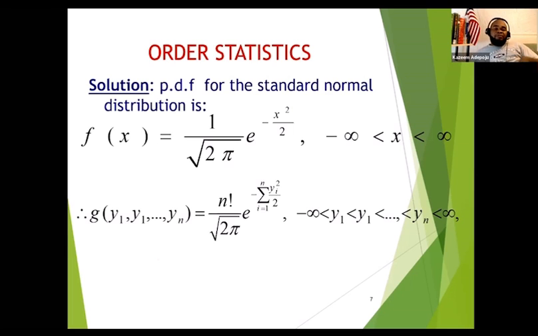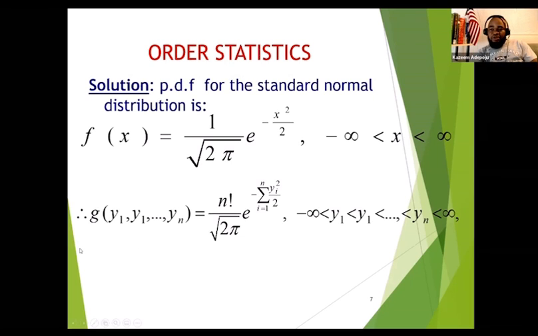Now how do we find that for the standard normal distribution? The f of x, when x follows a standard normal distribution, we have the PDF given as this. This has not been ordered, right? If I want to get the joint probability distribution of the ordered variables, what formula am I using?